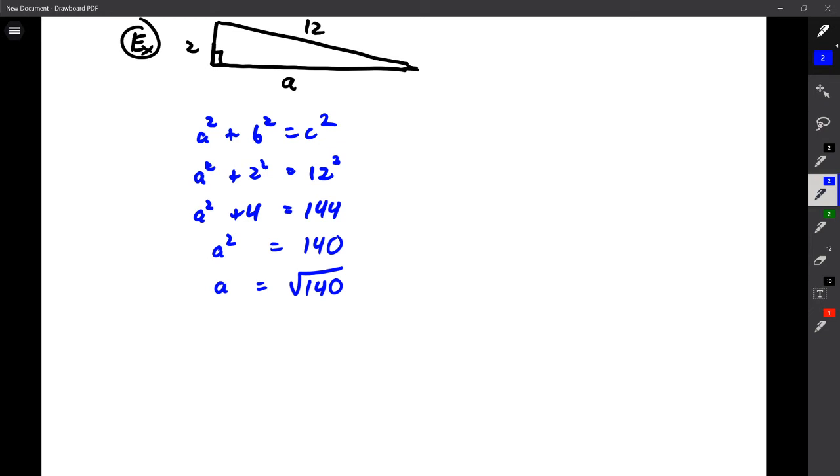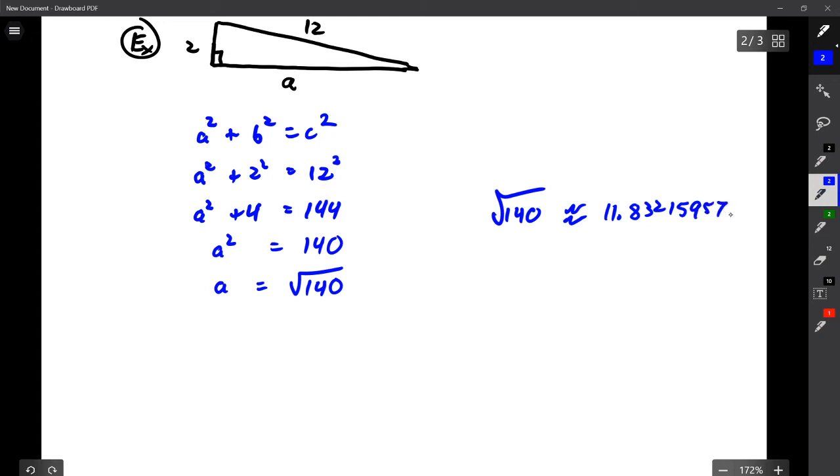Now, if I take my calculator here and I do square root of 140, I get approximately 11.83215957, and my calculator stops there, but it keeps going. We will do a rounded answer in just a moment.